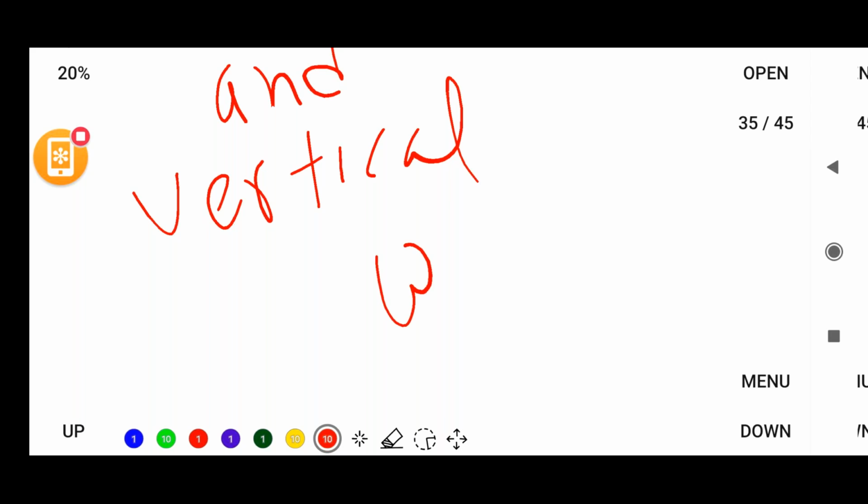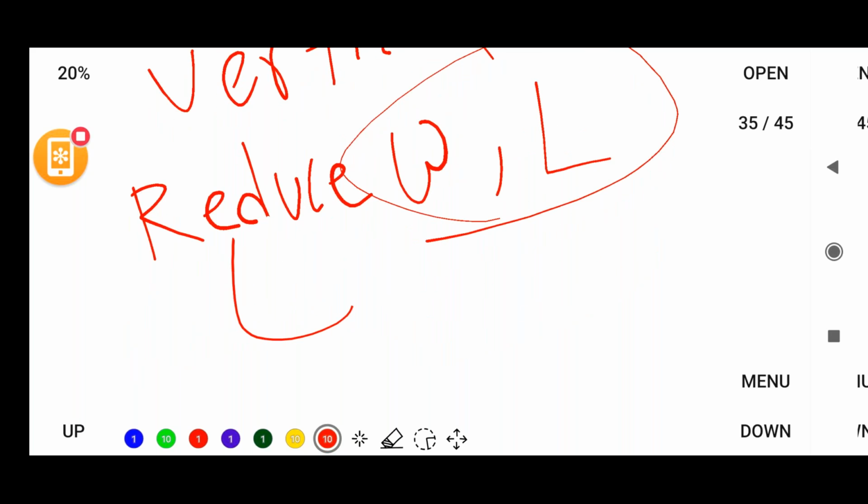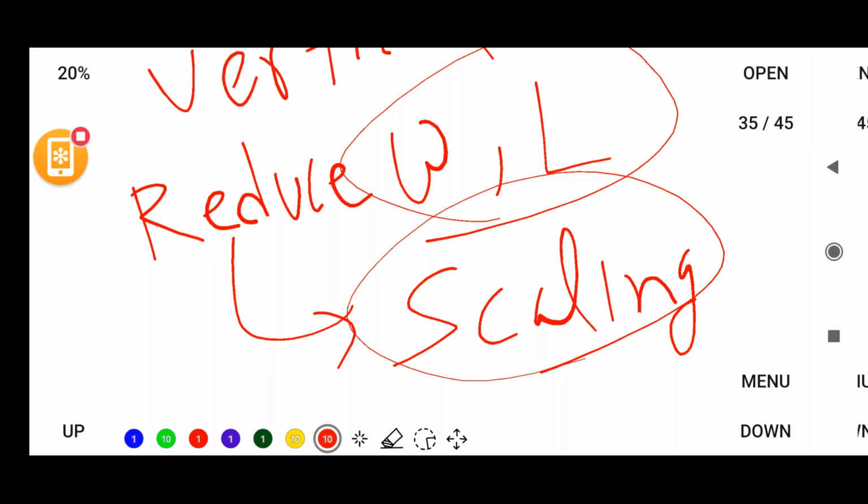That is our target point: reduce W and L. If you reduce the values of W and L, of course your transistor is on the nano scale, a small size. That is our requirement, and the reduction of the dimension in both horizontal and vertical directions is only possible by the scaling technique. So this is the overview.